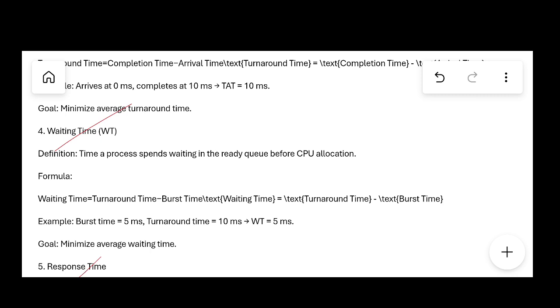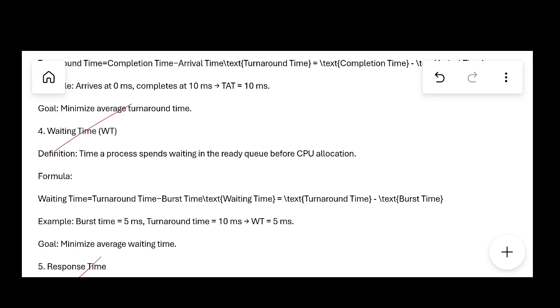So waiting time shows inefficiency. Your CPU could be idle for a long while processes wait, or a long waiting time could indicate unfair scheduling. So reducing waiting time improves responsiveness.